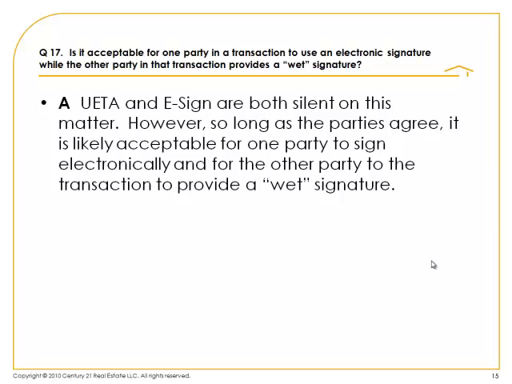Now, the two laws that regulate this don't actually discuss this specific issue. However, what you have in front of you is the opinion of the legal department of the California Association of Realtors, which says so long as the parties agree, it is likely acceptable for one party to sign electronically.